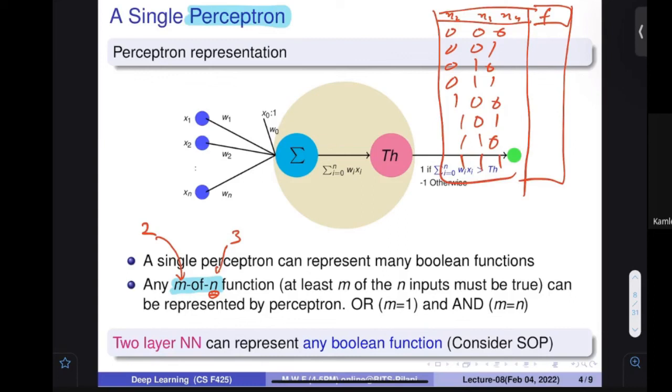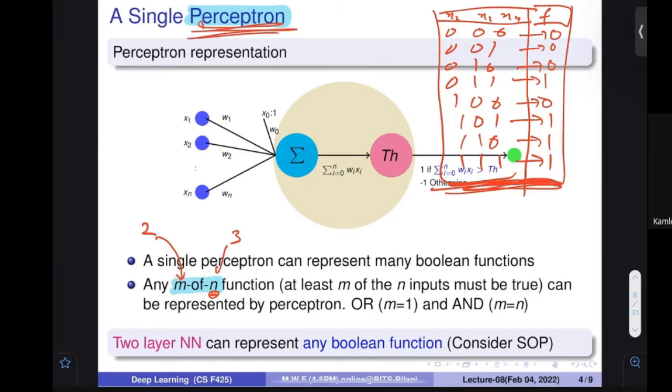If I say 2 out of 3, then here it is 1, here also it is 1. 2 means at 2 places it is 1, right? So this is 0, this is 1, this is 0, this is 0, this is 0. If I make any kind of this function, a single perceptron would be able to cover that particular thing. Okay.